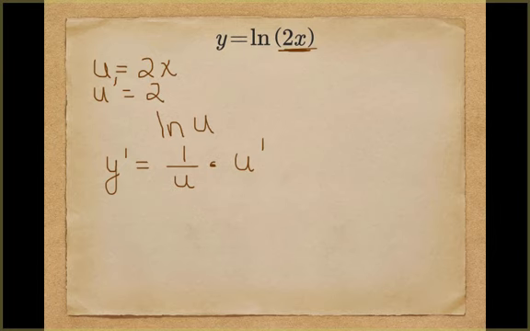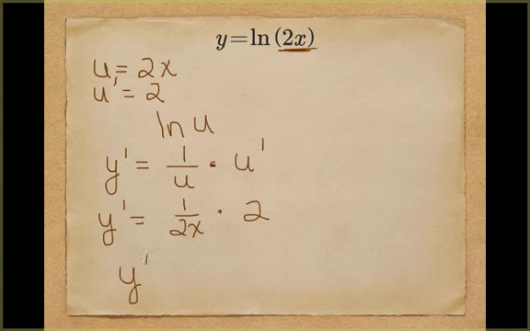Every time we use that chain rule, we have to multiply by that u prime. So then filling in my u and my u prime gives me the derivative of y is 1 over 2x times 2, or the derivative of the natural log of 2x is 1 over x.